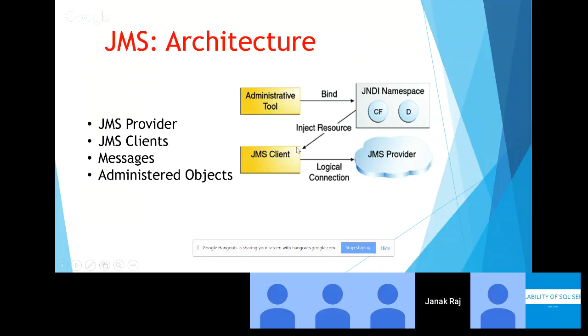It injects the resource, and then the JMS client can use the injected resource and access the administered object in the namespace, and then establish a logical connection with the JMS provider.